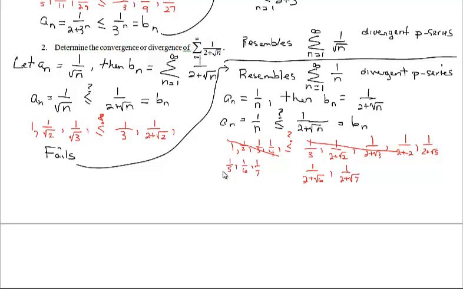Okay, so what we're going to say at this point is, therefore, by the DCT, this series right here, n equals 1 to infinity of 1 over 2 plus the square root of n, diverges like the one it resembles, but only when n is greater than or equal to 4.